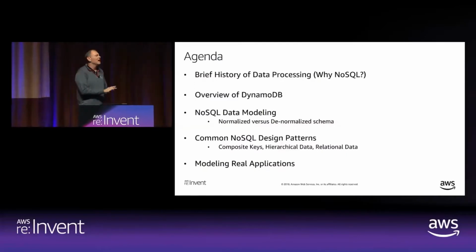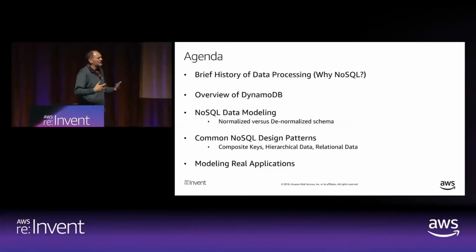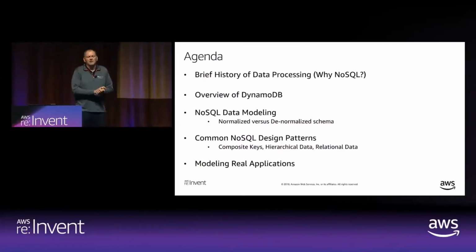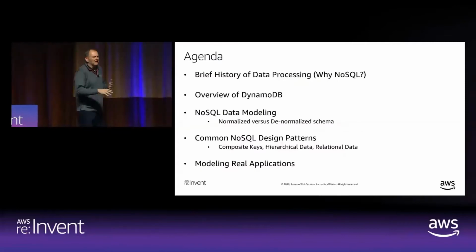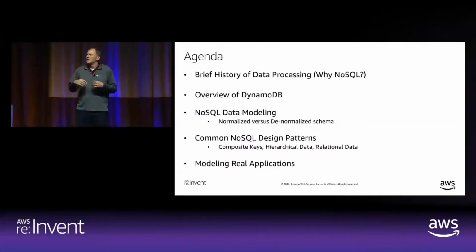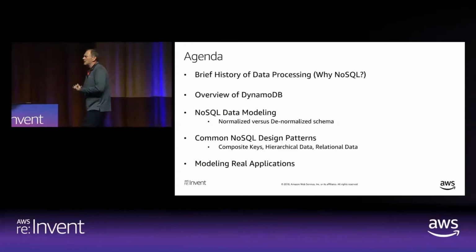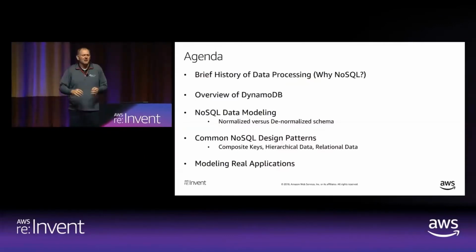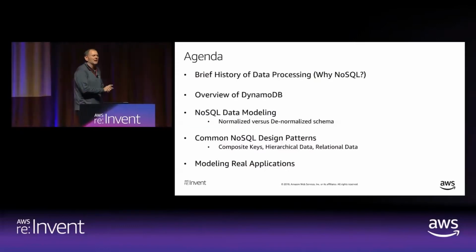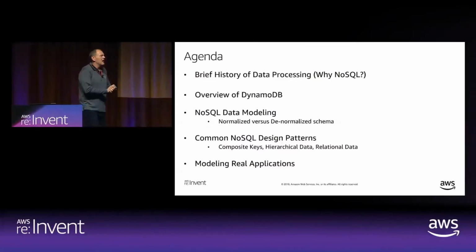And then we'll get really into the meat of the discussion today, which is going to be about NoSQL data modeling, and we'll talk about normalized versus denormalized schema and what that really means. How do we build data structures into a NoSQL database like DynamoDB? And then I'm going to get into some of the common design patterns. Now, historically, or throughout the last couple of years, I've really focused on base use case design patterns. But this time, we're really going to go deep into relational modeling. I'm going to focus on composite key structures.